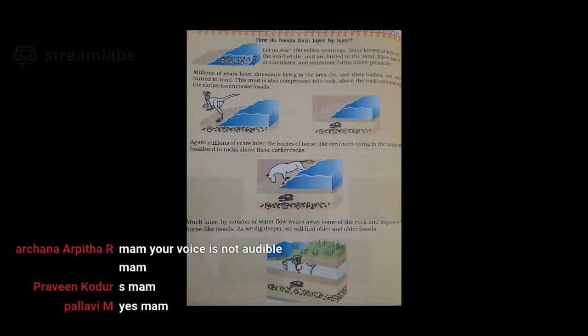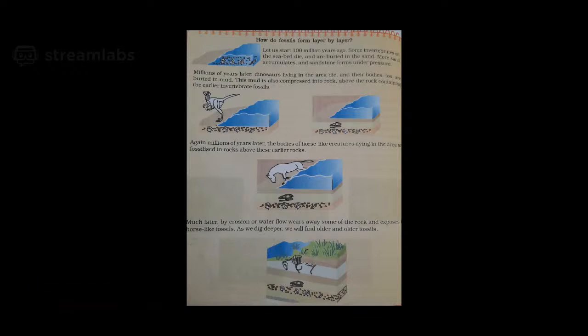And look at the second image, the dinosaurs whose body is so high, so heavy, and the parts are broken down and accumulated in the layers. And look at the third diagram, it is the image of a horse. Horse, again it is a huge organism and the parts are accumulated in the layers.